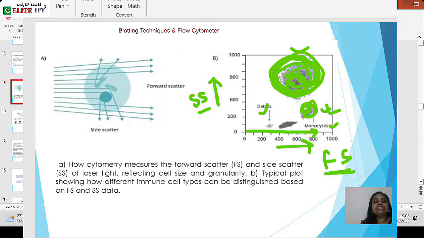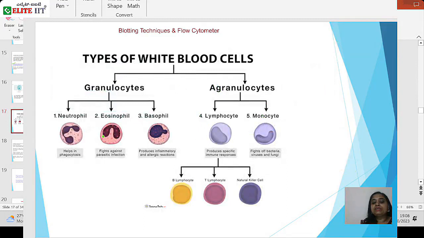Like in a mixture, in the blood sample you want to measure all the WBC. WBC actually includes granulocytes, agranulocytes are also there. So whatever is more granular will give you more SS value, whereas agranulocytes will give you less SS value, right?